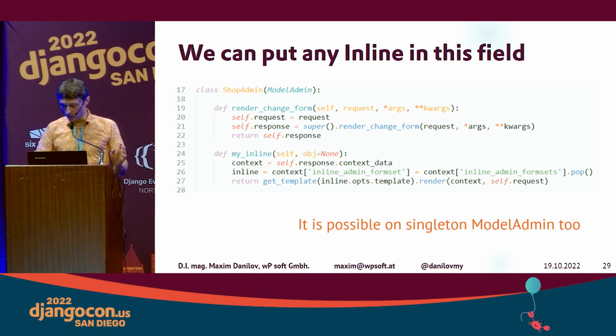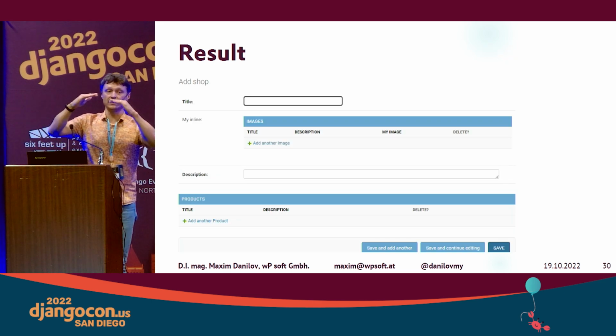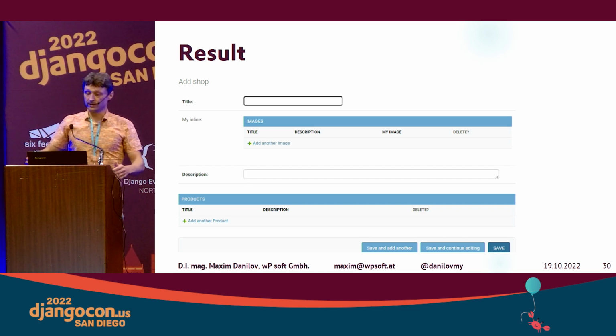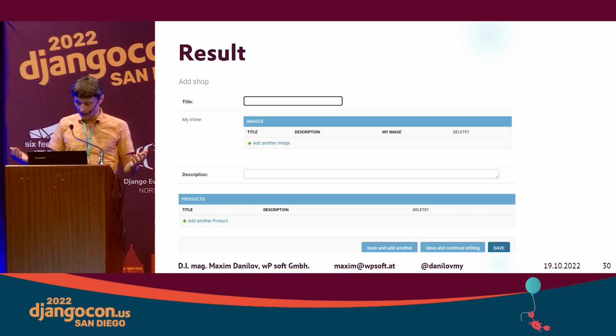I don't need to overwrite anything else. How does it work? It works. I simply put inlines somewhere in the admin form. And if I press save, nothing special happens. It saves completely normally. I don't need to do anything more.